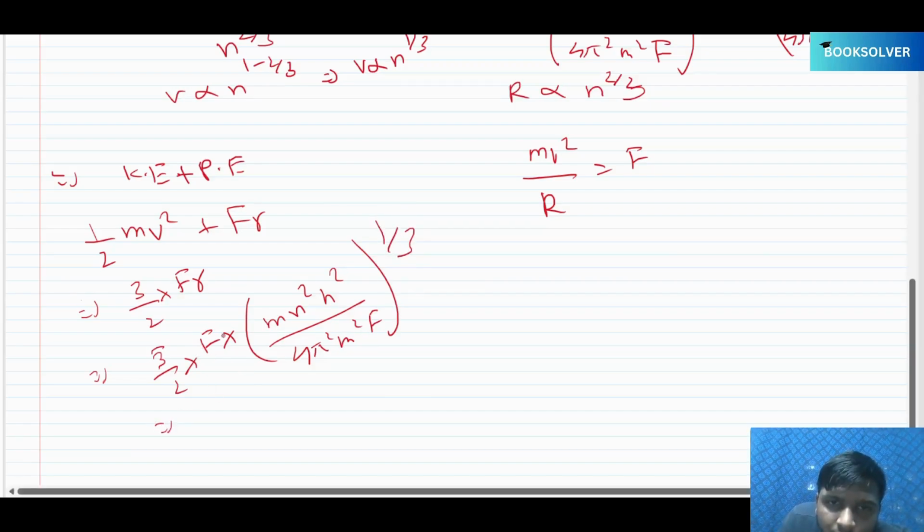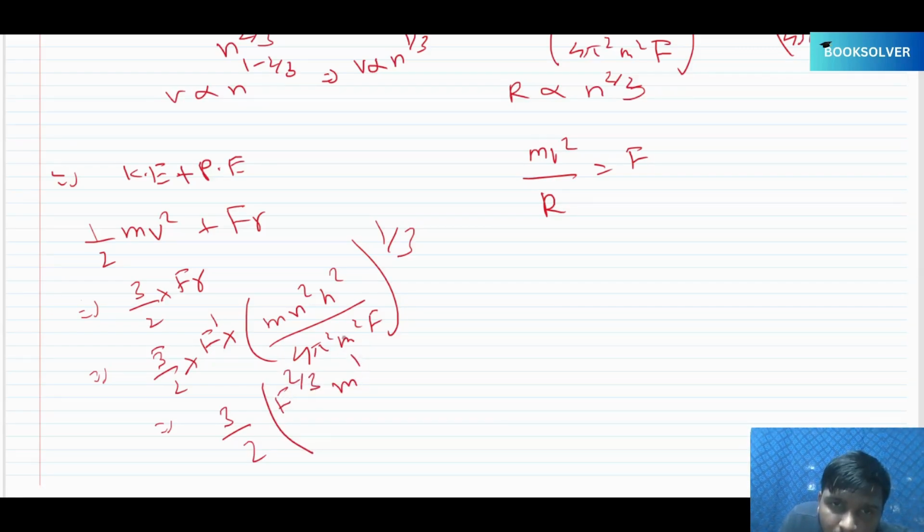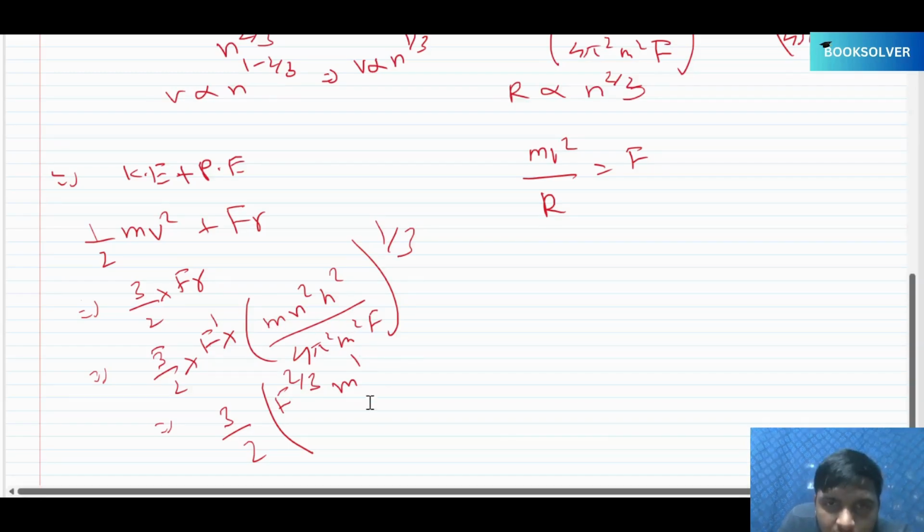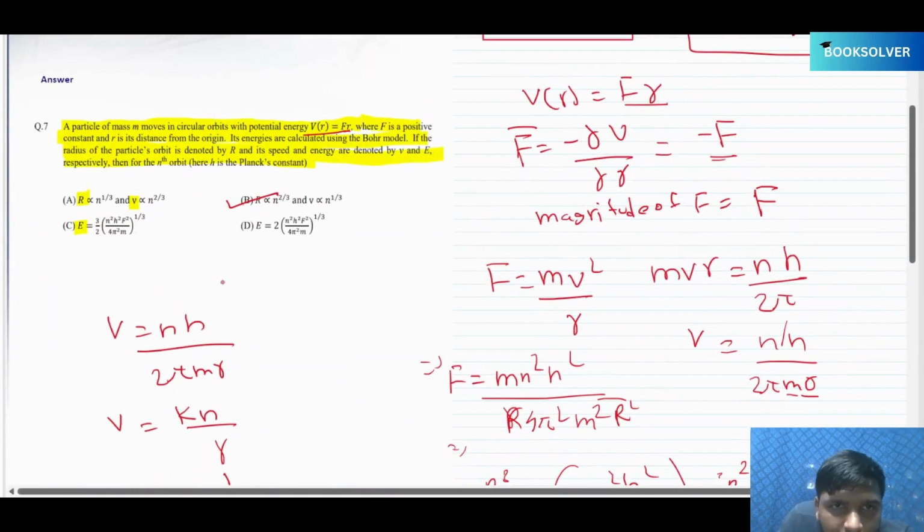Now, F is to the power 1 here and 1 by 3 here, so it is ultimately 3 by 2 F to the power 2 by 3, and m to the power 1 minus 2 by 3, that is minus 1 by 3. We can match all the options and you will ultimately get option C. So let me write the answer. It is option C. Thank you, everyone.